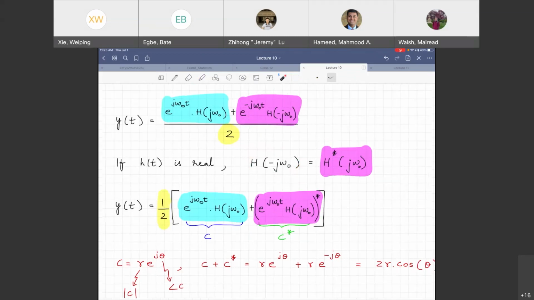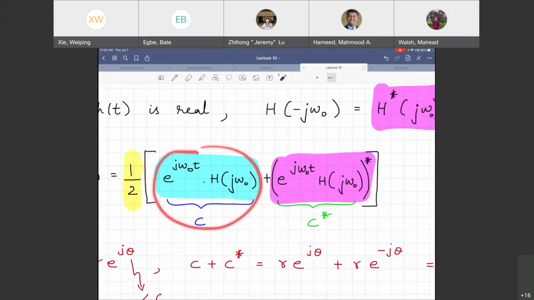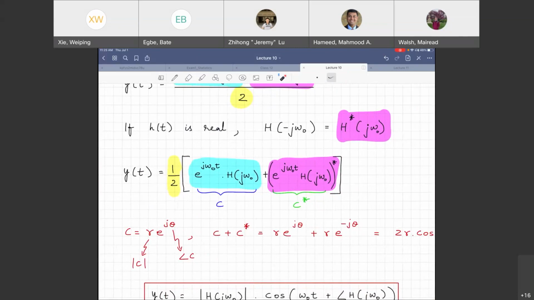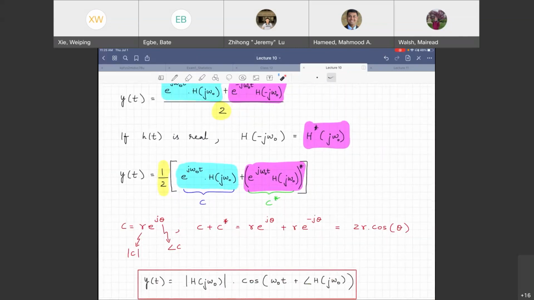If you consider this as a complex number C, then this will be the conjugate of that complex number, C conjugate. So what do you have? Half of C plus C conjugate. C plus C conjugate is 2 times the real part of C, right? Or if you write it in polar form, consider C to be R e to the j theta, where R is the magnitude of C, theta is the phase of C. C is a complex number.